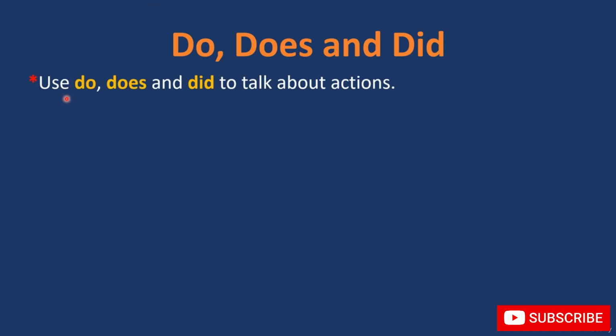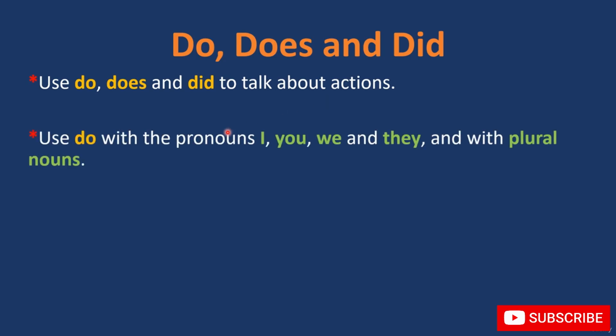Do, does, and did. We use do, does, and did to talk about actions. We use do with pronouns I, you, we, and they. I do, you do, we do, they do, and also with plural nouns.